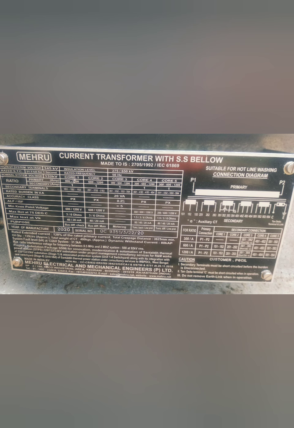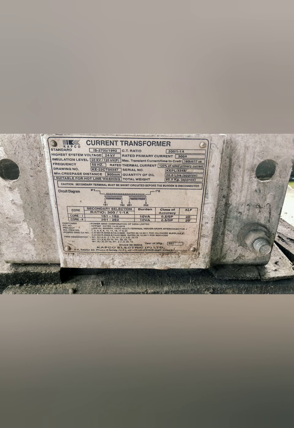This is another example of a CT. Here the CT ratio is 300 amps, and there are no taps on the secondary side, and it has only two cores.